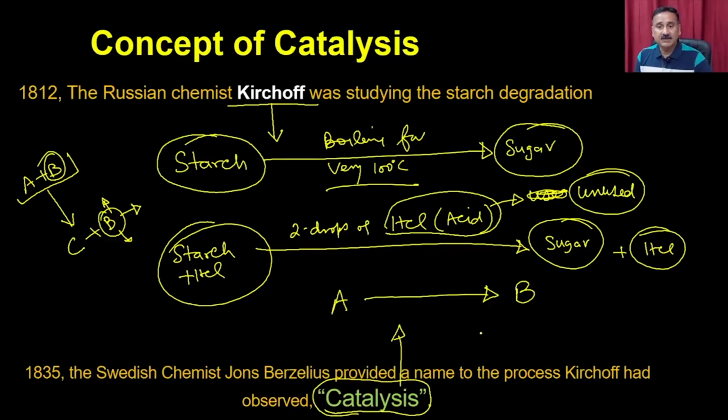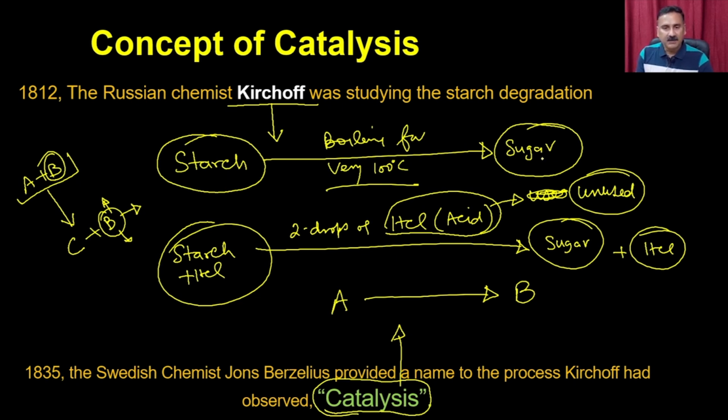That is how a new complete field of catalysis evolved. People started developing different types of molecules and different types of factors so that they could do this, because earlier, when he was boiling the starch at a very high temperature, he could not achieve much success.